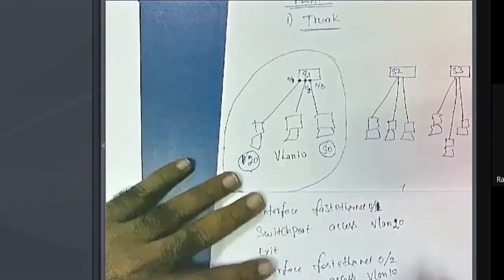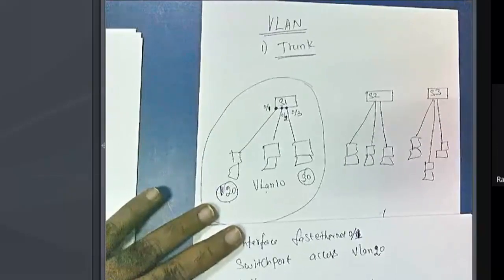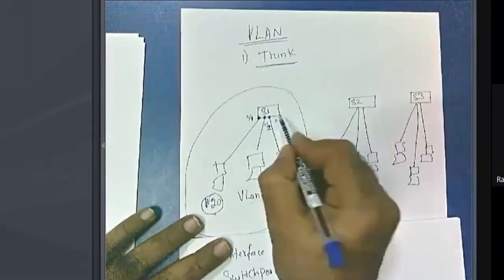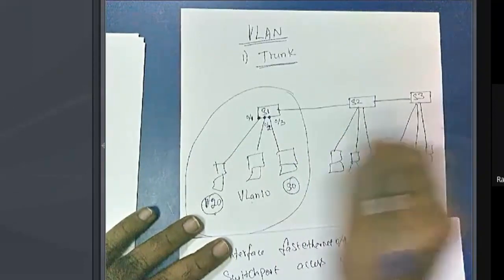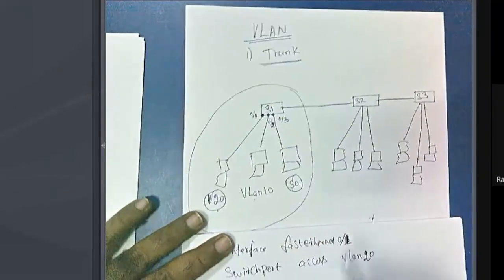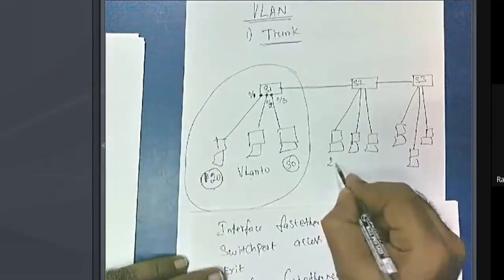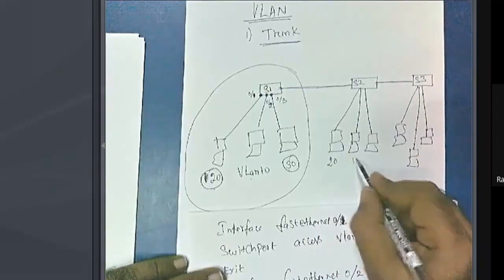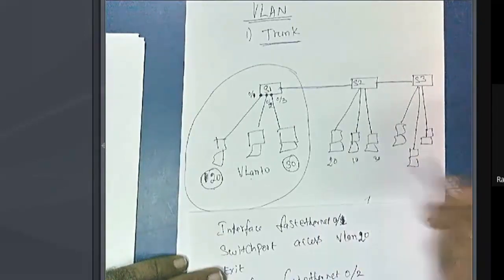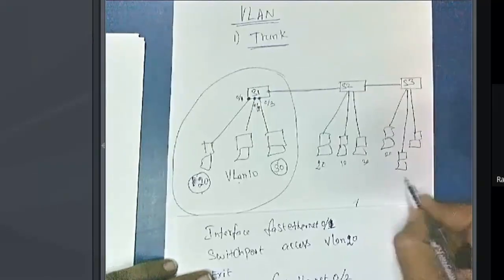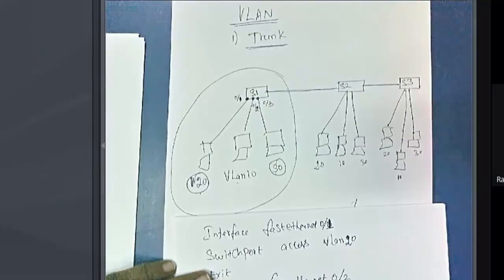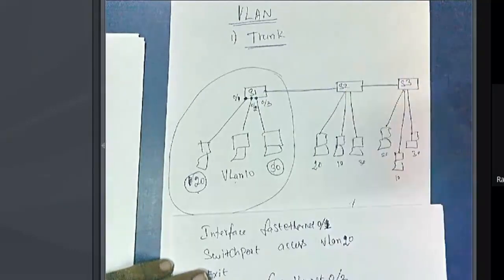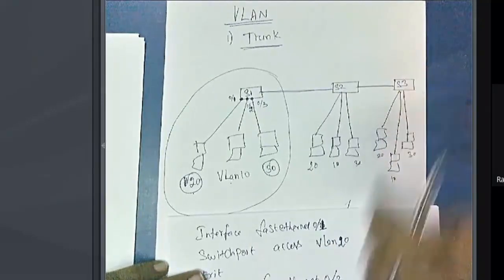But if I connect this, and this is again VLAN 20, this is VLAN 10, this is VLAN 30, this is VLAN 20, VLAN 10, VLAN 30. If I make it like this, I go to switch 2 with the same commands, and switch 3 with the same commands.